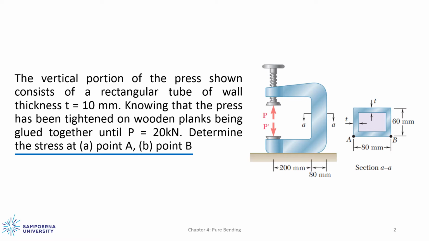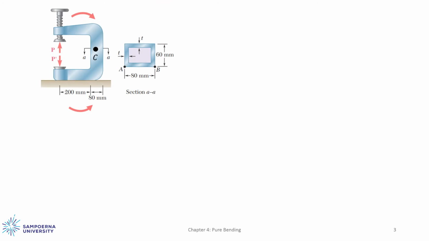Let's first analyze the effect of the force on this beam. We know the force is acting at the edge of the structure as shown in the picture. Because the line of action of the load does not pass through the centroid, this loading is called eccentric loading.